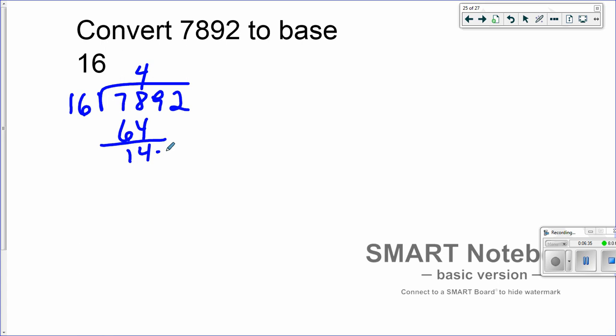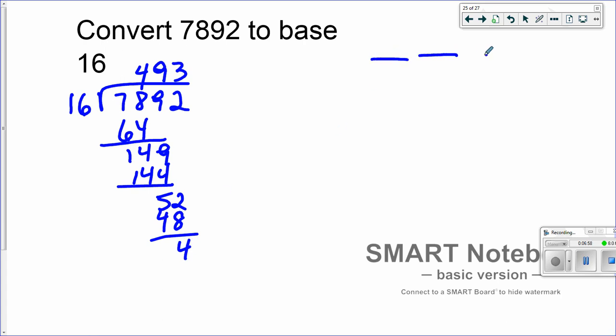And this is 149. 16 into 149 goes 9 times. That's 144. And that's 52. And then that goes 3 times, which is 48. And then the remainder here is 4. So remember, that's going to be my end here, not the beginning.